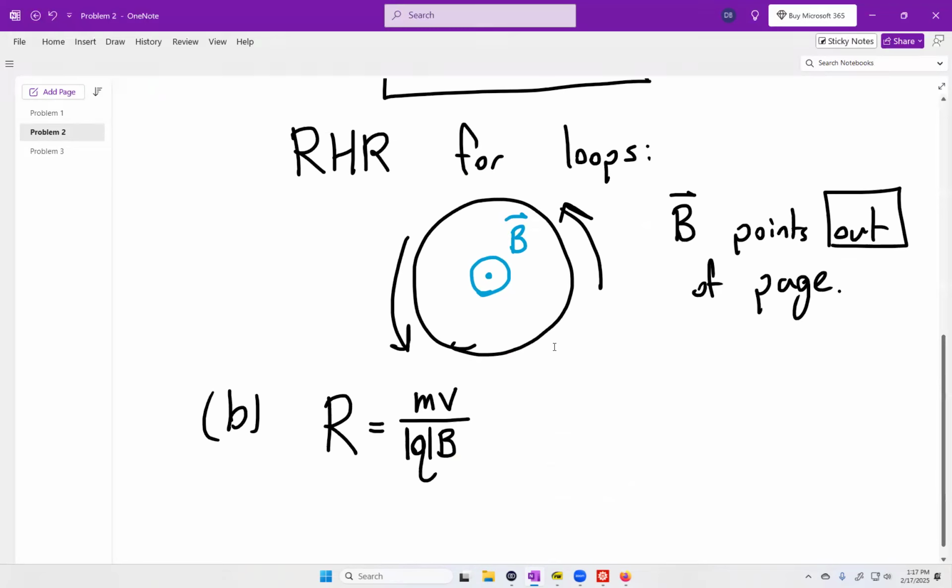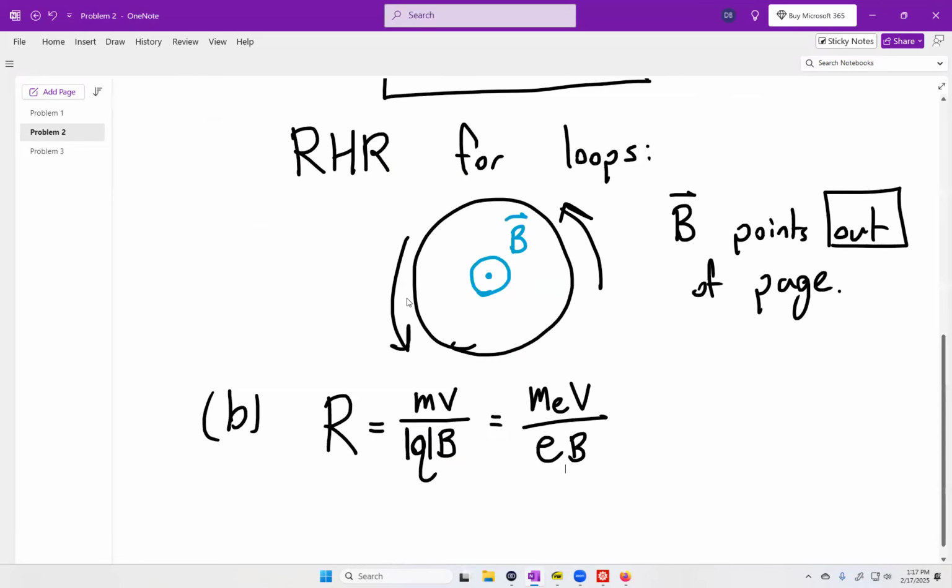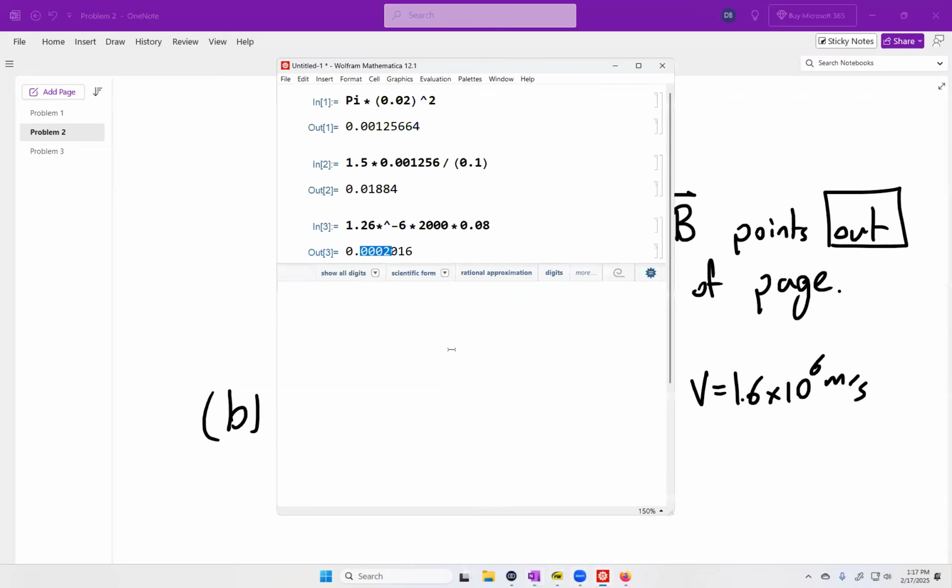And again, this is just plug and chug, right? We have the mass and the charge of the electron. We just calculated the magnetic field, and we're given the speed. The speed was 1.6 times 10 to the 6. So we can just plug in.